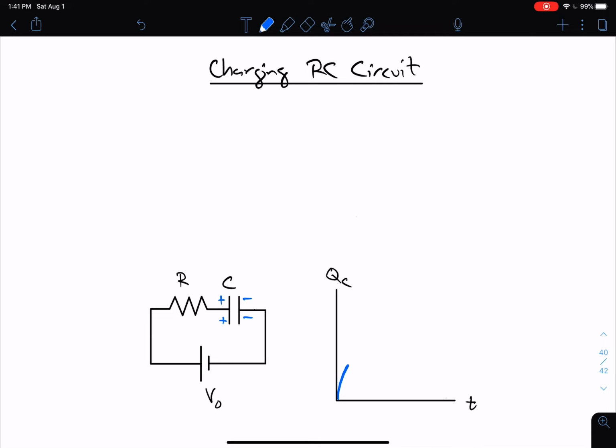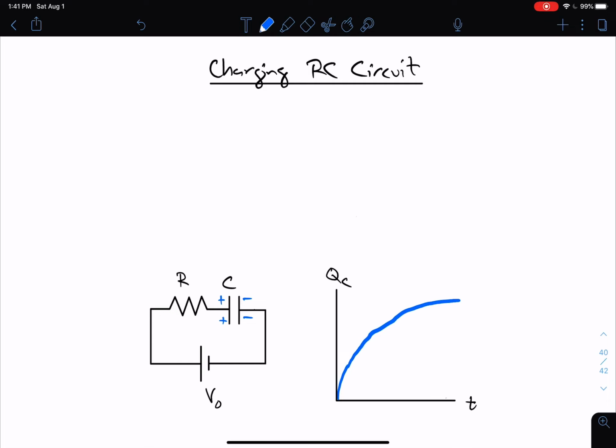The more electrons that get placed on the plate of the capacitor, the more repulsion, and that's going to make it harder to put subsequent electrons on there. Eventually there's going to be a point where the battery just can't put more charges on because the repulsion is too great.